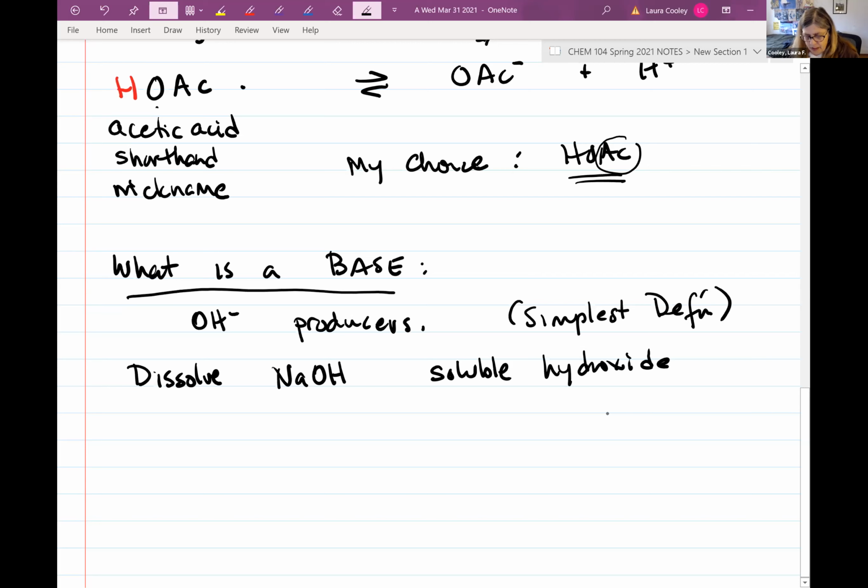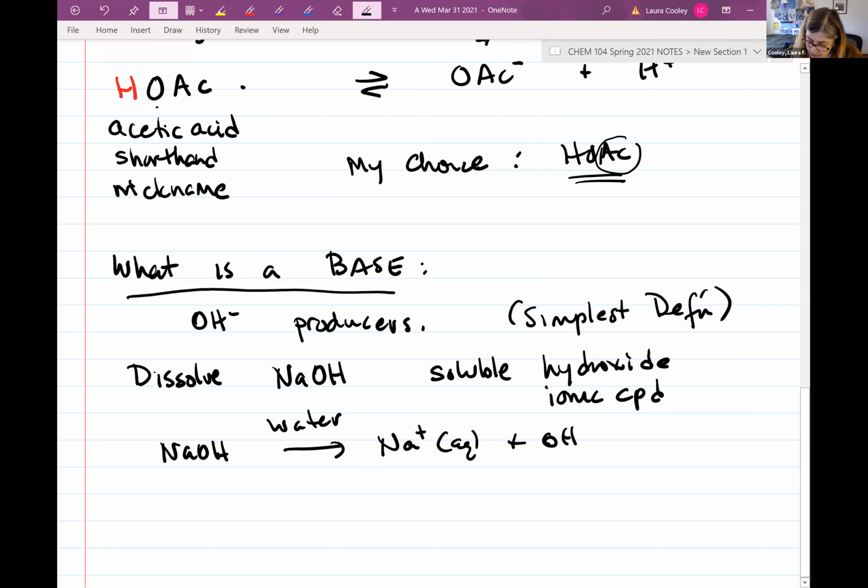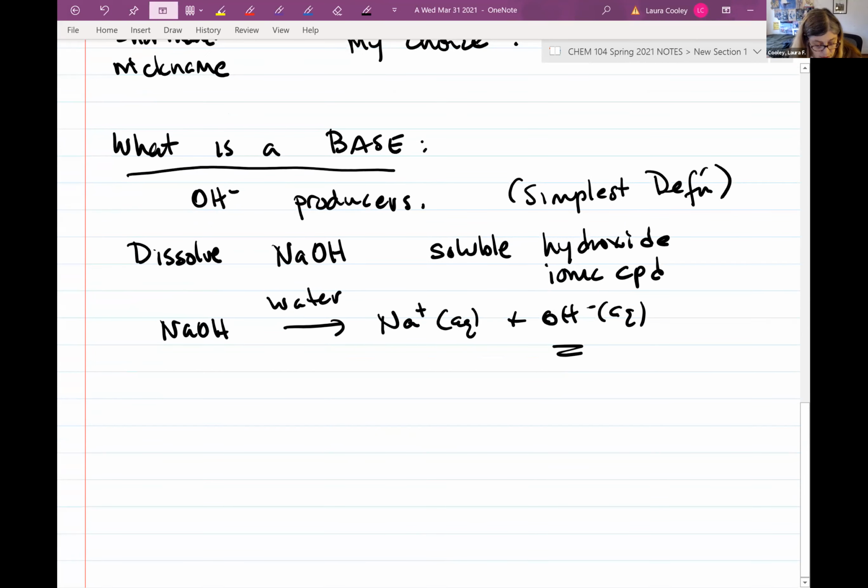And actually, I think Drano is mainly sodium hydroxide. So it's a soluble ionic compound. And so when you put it in water, it basically produces the 2 ions. And so you see that it has produced hydroxide. So sodium hydroxide is a base.